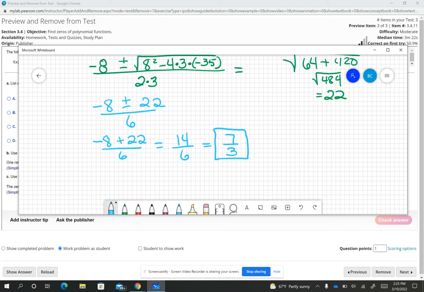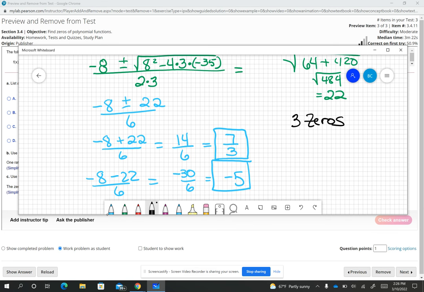Go back and look at your list. 7 over 3 is in my list. Then I'm going to do negative 8 minus 22 over 6. That's negative 30 over 6. That's negative 5. That one's also in my list. I have 3 answers. They are 7 over 3, 5, and negative 5.